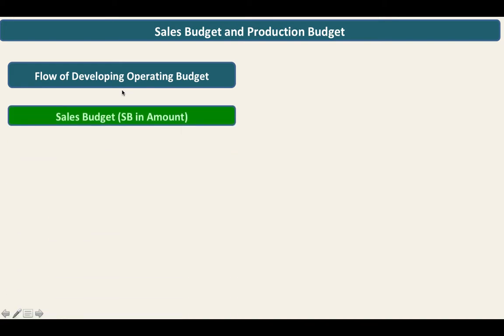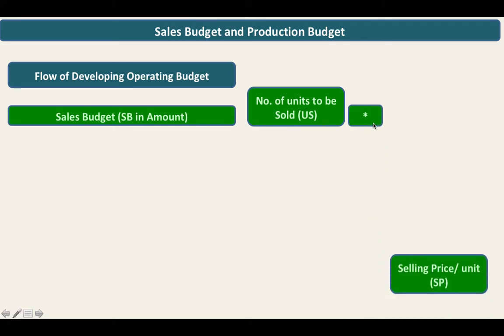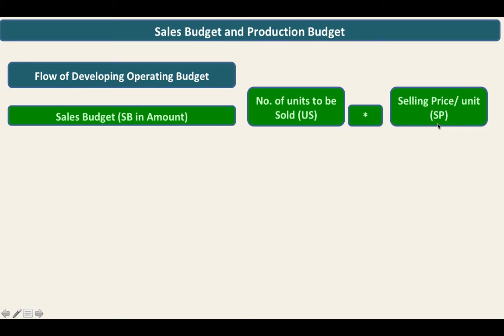Your sales budget, we have to present this in amount. Let us use the acronym SB for sales budget. So the formula for the sales budget in amount will be the number of units to be sold, let us use the acronym US for units sold, times the selling price per unit.